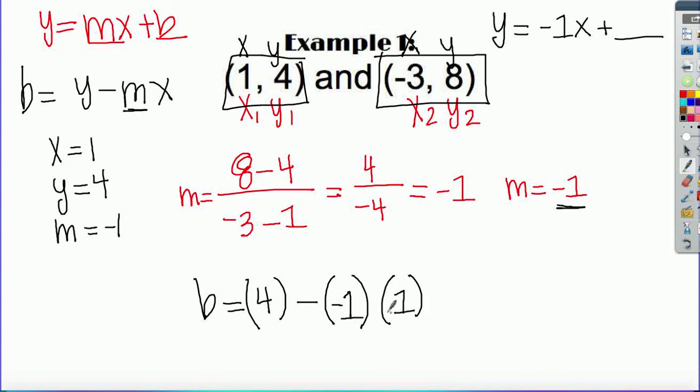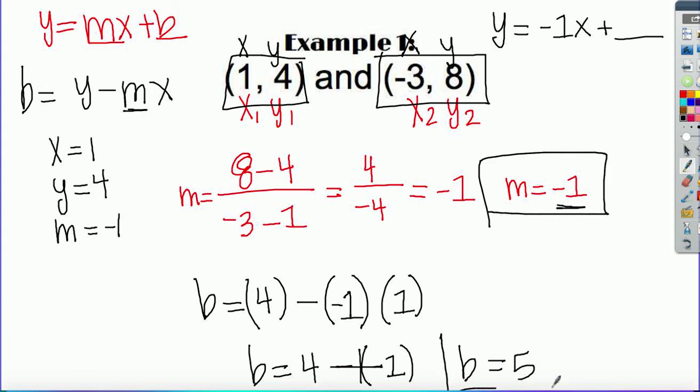Following order of operations, we need to multiply before we subtract. So b is equal to 4 minus -1 times 1 is -1. So 4 minus -1, that double negative is really like a plus. So b is equal to 4 plus 1, which is 5. We have our slope.